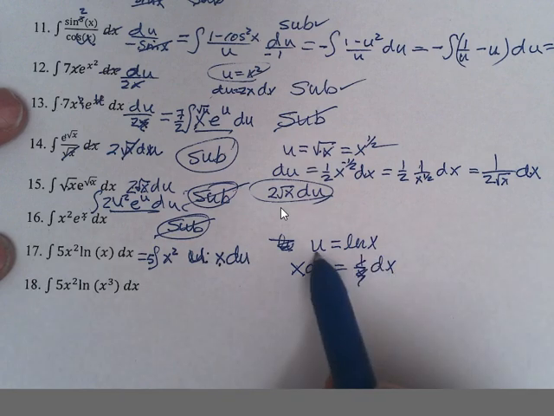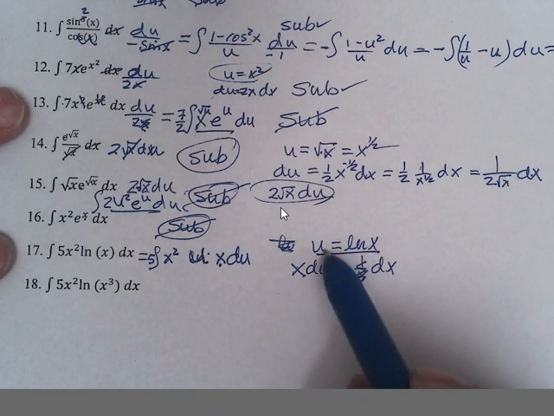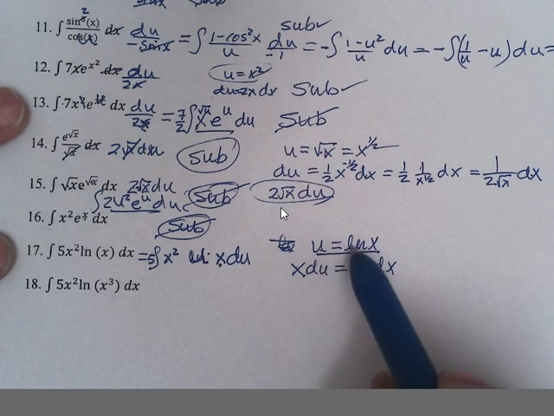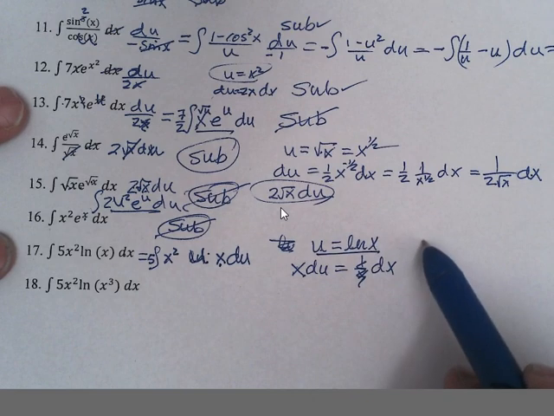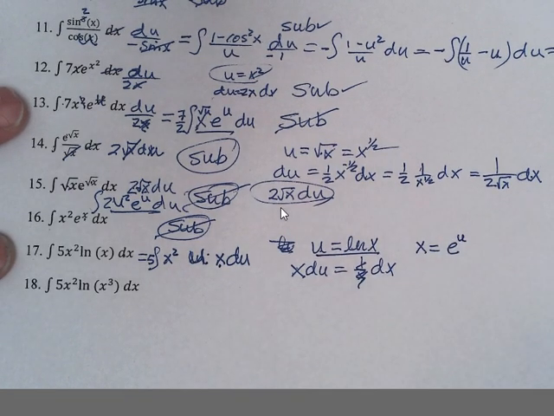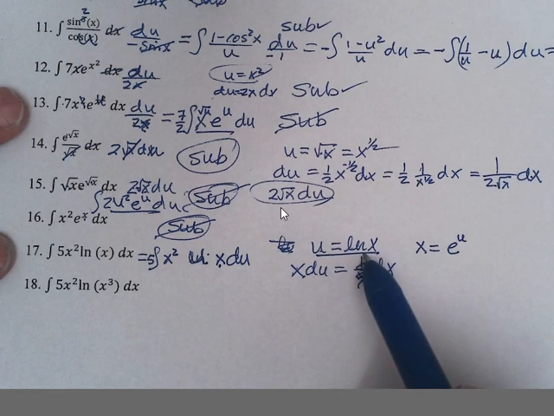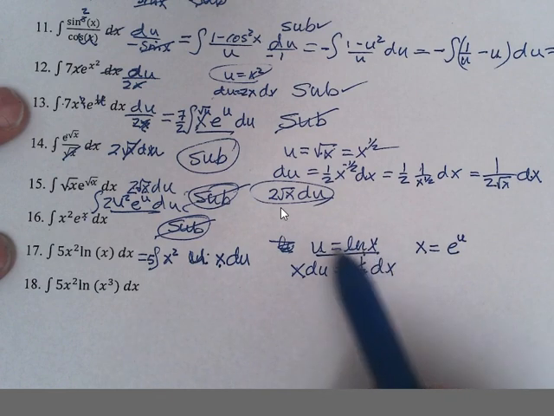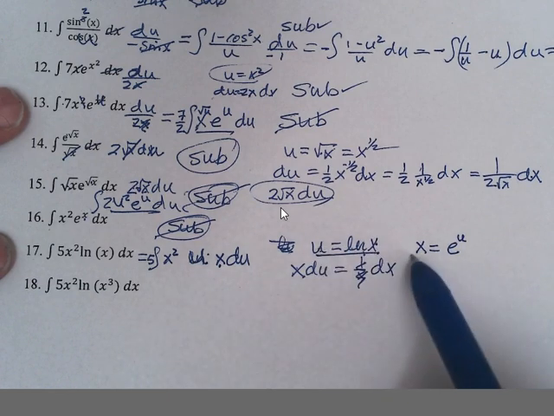So can we solve for x in this? Well, if u equals ln x, x equals e to the u. To what power do we take e to get x? We take e to the u to get x.